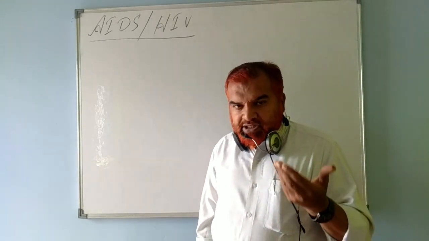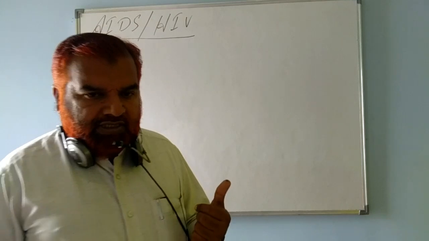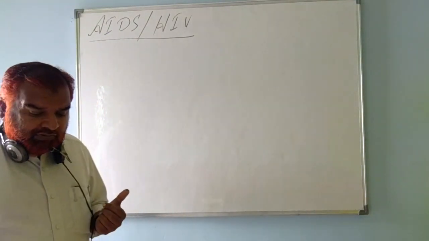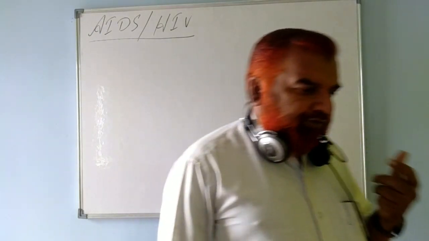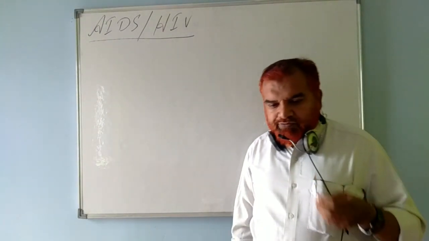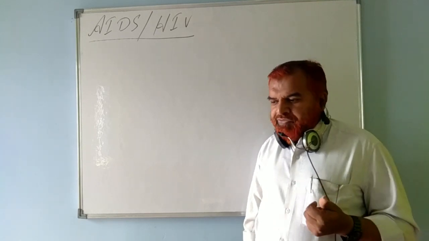Then we have seen the different symptoms, like sudden body weight loss, general weakness, lack of immunity, lack of lymphocytes, fewer WBC cells, lymphocytes and platelets will decrease in turn.